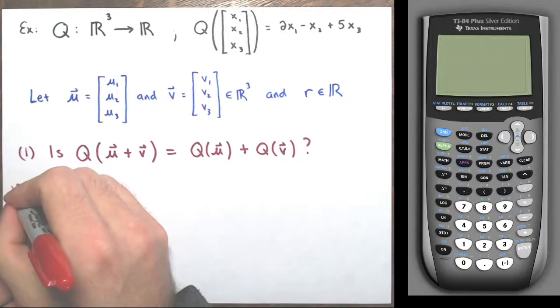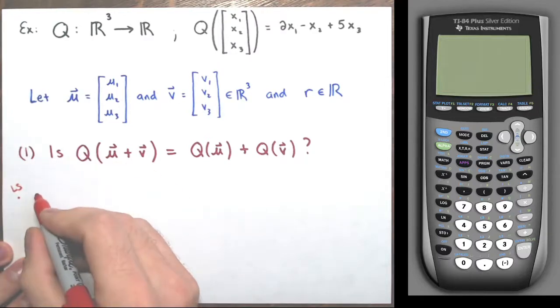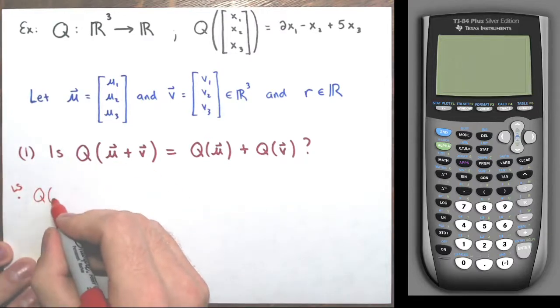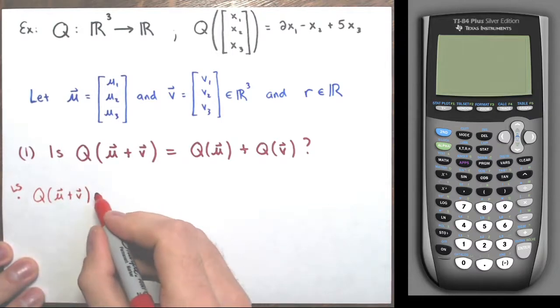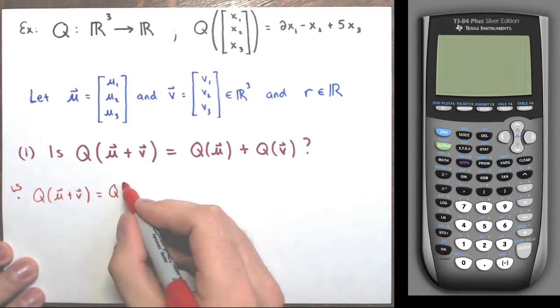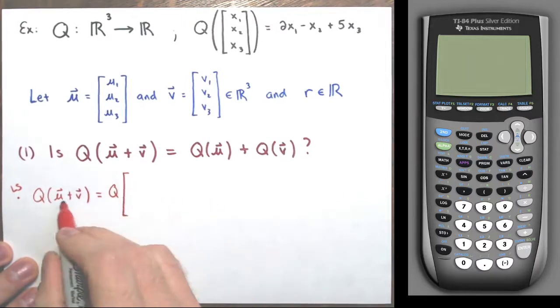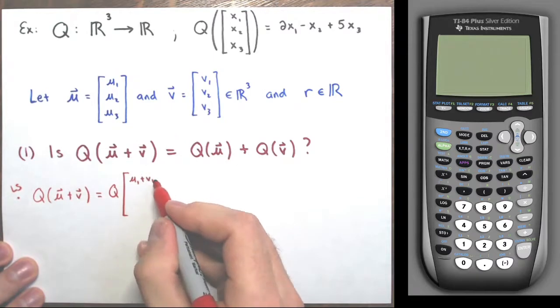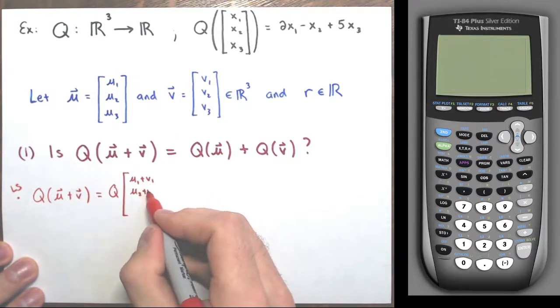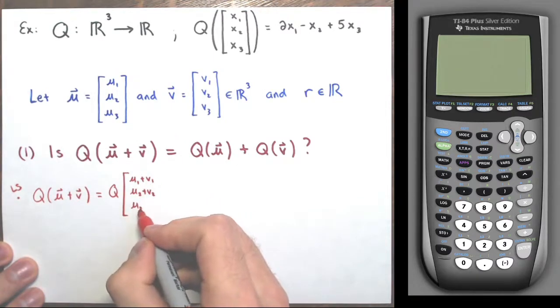So the left side. Q of u plus v. That'd be Q of, and when you add u and v, standard addition, you have u1 plus v1, u2 plus v2, u3 plus v3.